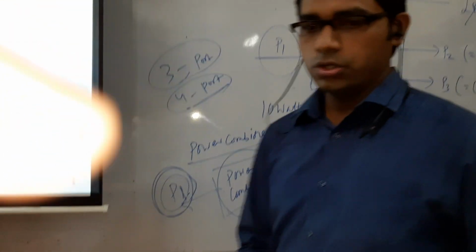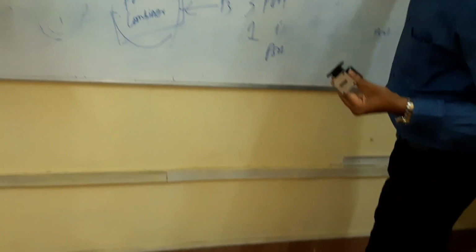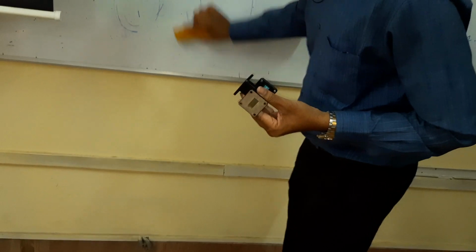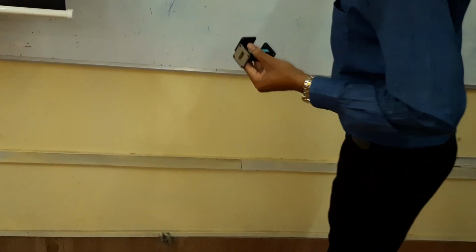So I'll show you a 3-port power divider. Let us start with E plane T. So what is an E plane T? Look at here.